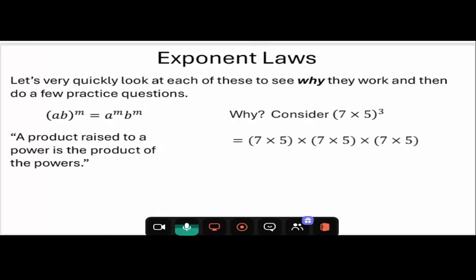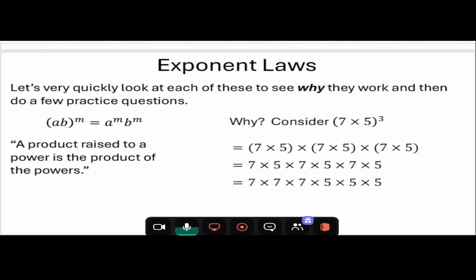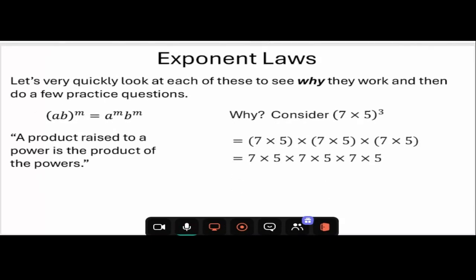So 7 times 5 cubed, and again, this is just a demonstration. What does that really mean? That means 7 times 5 times itself 3 times. And again, those brackets aren't doing anything. This is just 7 times 5 times 7 times 5 times 7 times 5. And I could reorganize those because I can multiply in any order.